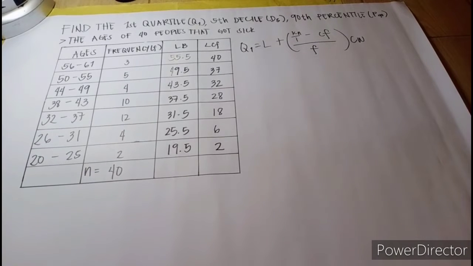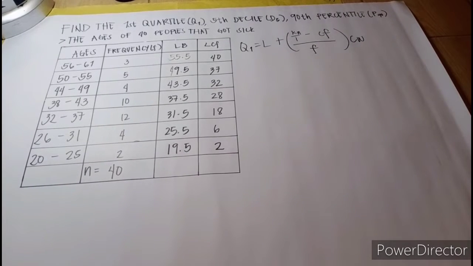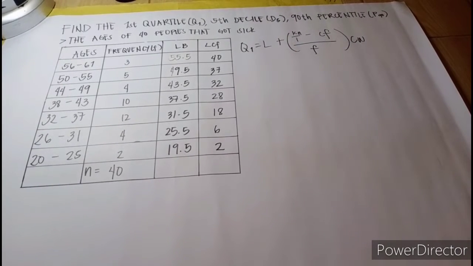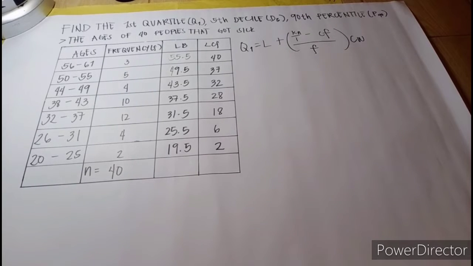Our K value is 1 since it is the first quartile, and our I value is 4 because the I value for quartile is 4.